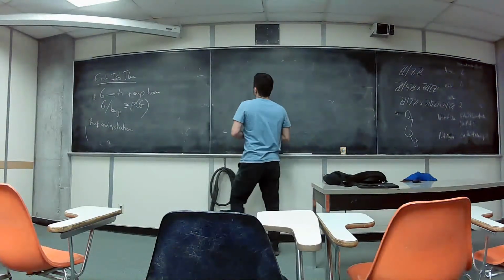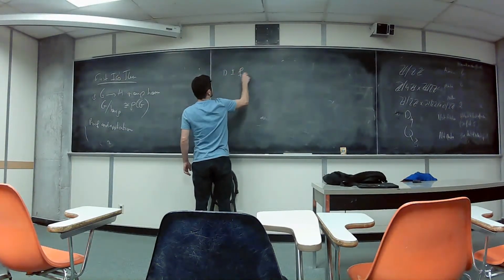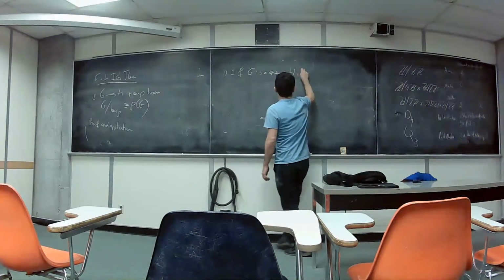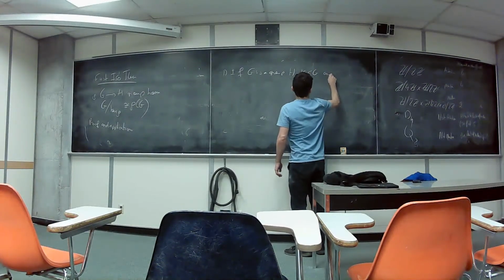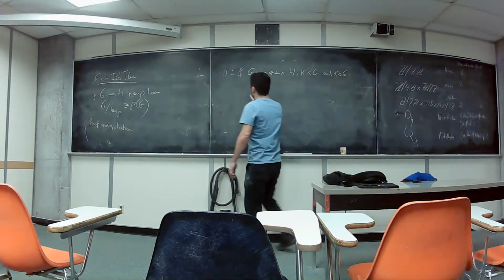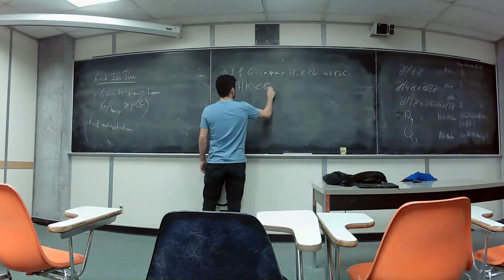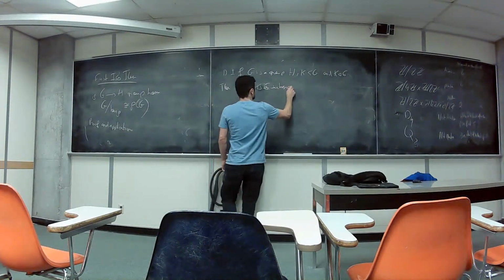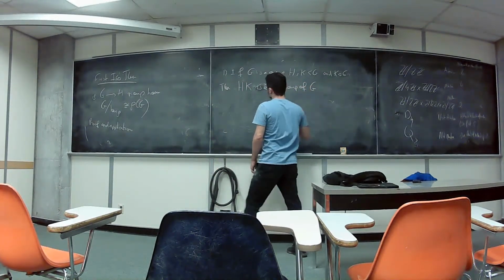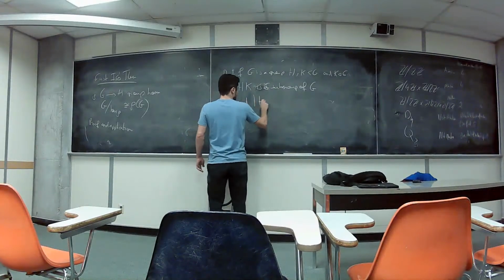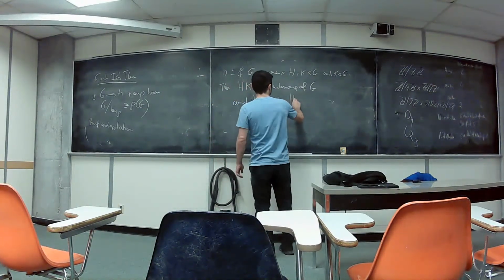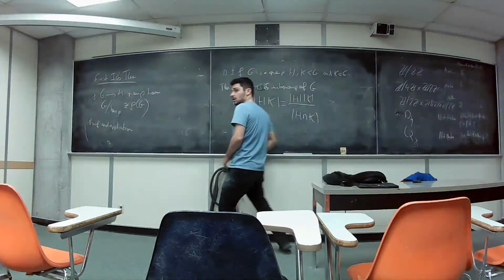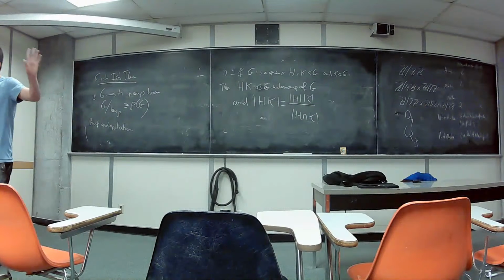If G is a group, H and K are subgroups of G, and K is normal in G, then HK is a subgroup of G. And HK has size |H||K| over |H intersection K|. You don't have to know the proof of that, just the statement.